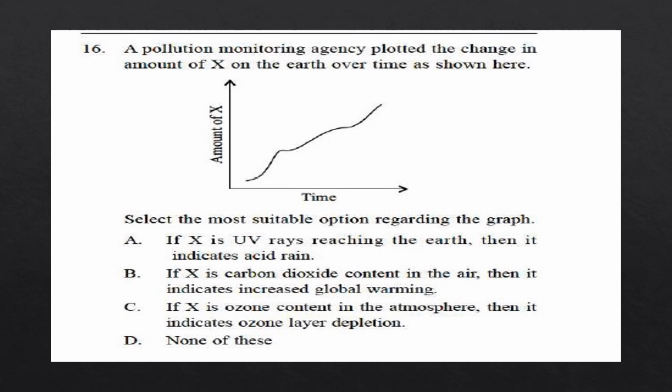B. If X is carbon dioxide content in the air, then it indicates increased global warming. C. If X is ozone content in the atmosphere, then it indicates ozone layer depletion. Option D, none of these. And the right answer is option B.